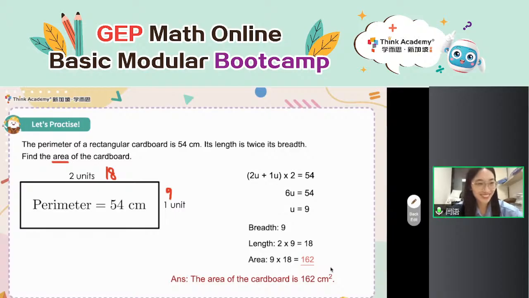Only 1, 2, 3, 4, 5, 6. No more? Okay. Do remember that for the word problem, the last thing is always to go back to the question. You need to be super clear about what the question is asking you to do, okay?